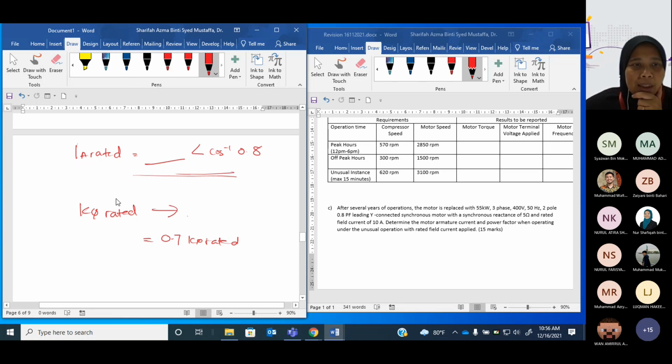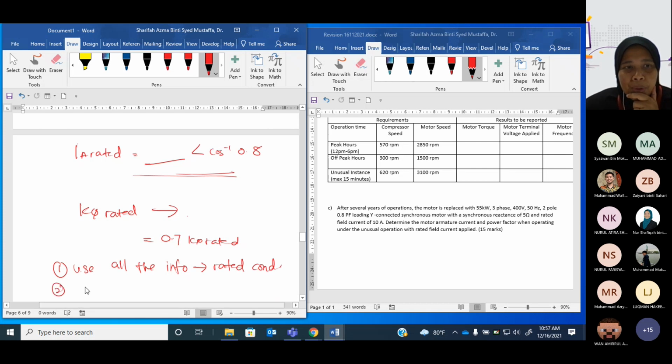So apapun first, you use all the information to calculate EA, IA semua at rated condition. Lepas tu baru you use the information to calculate IA at new condition. Okay? So this is not kind of a guided question. Dia tak guide you.